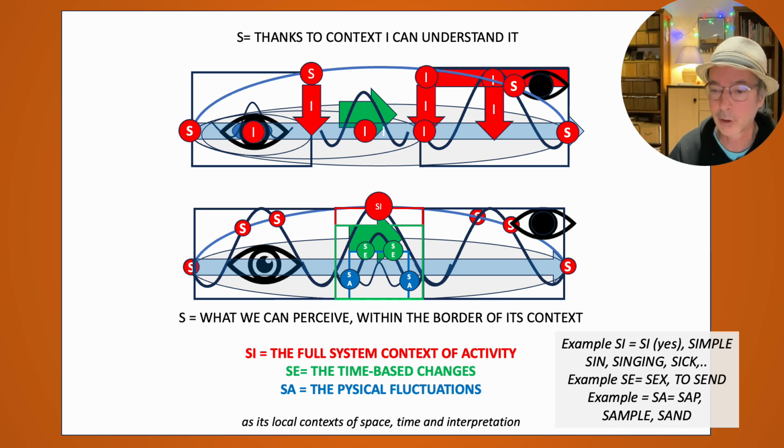Simple is also such a context orientation. Sick is such a context orientation. Singing in a way is of course very much on the time frame, but it is still interpreting on a context, so the starting point of si should be clear enough. Se is done on a time frame dependent, so it's dependent on my system where I experience it.